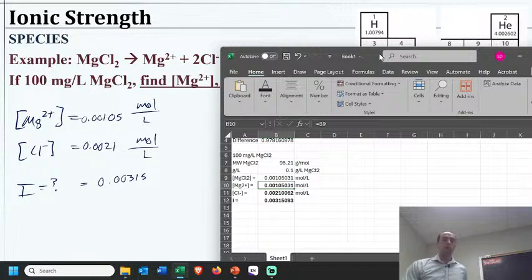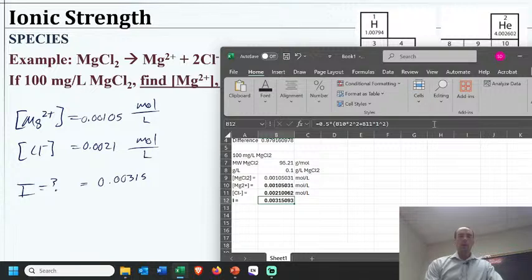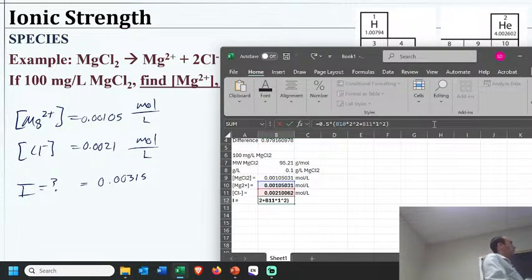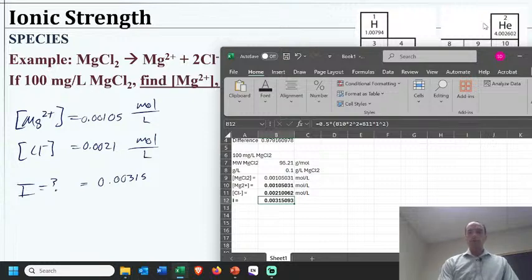And for every 1 mole of that, we get 2 moles of chloride because of the Cl2. So we have twice that amount for our chloride concentration. Then we can put it into the ionic strength equation: 1/2 times the sum of each concentration times its particular charge squared. That comes out to be 0.00315.